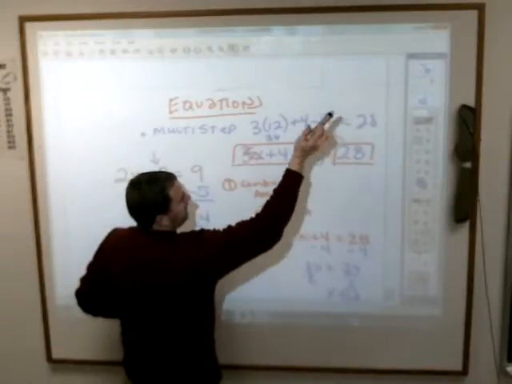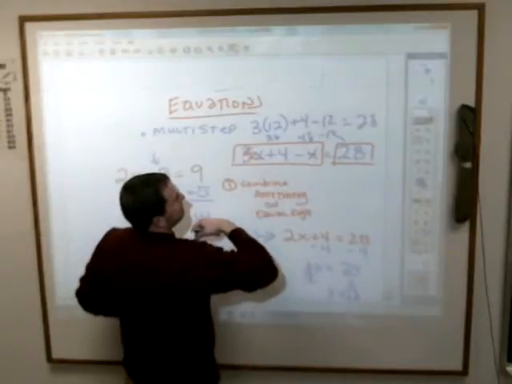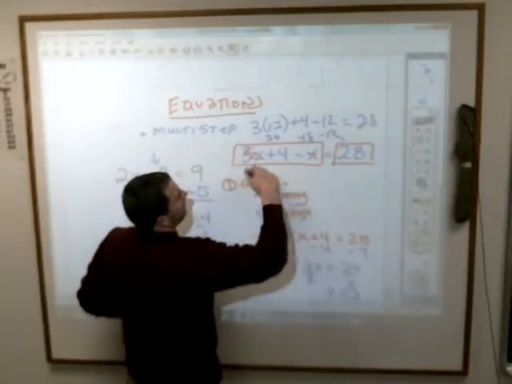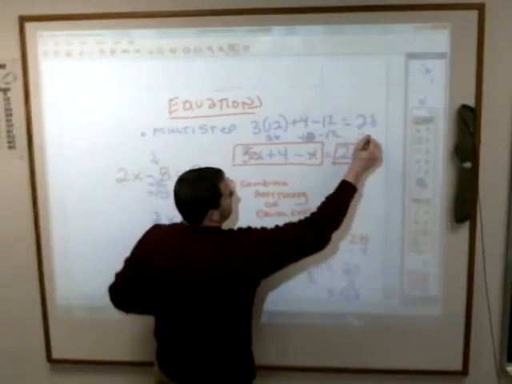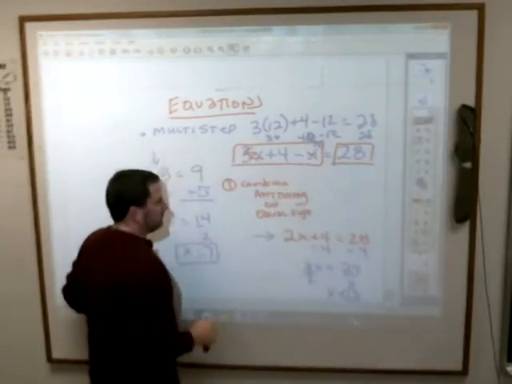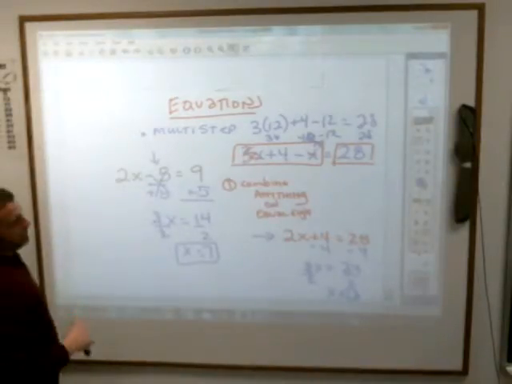Subtract 12 from 48. I'm sorry, it's 40. Oh, it's 40. Sorry. 40 minus 12 is 28. So you do end up with 28 equal to 28.